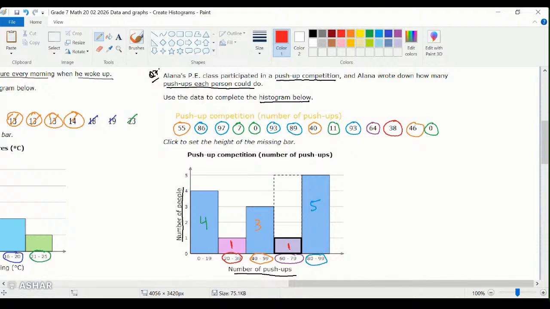Okay, let's have a look at another example. Let's try to complete the histogram. Then after this, let's try doing some questions from the test as well.